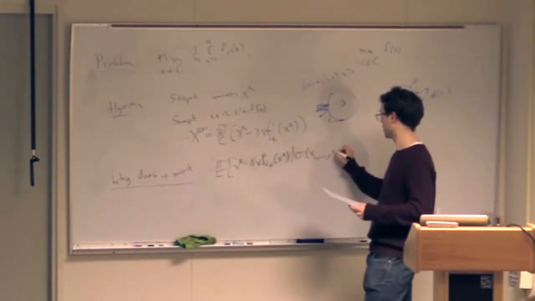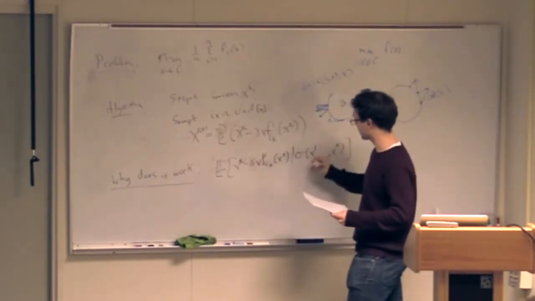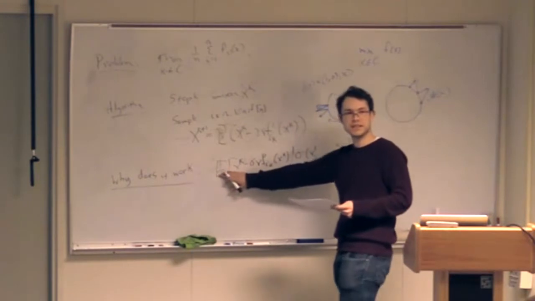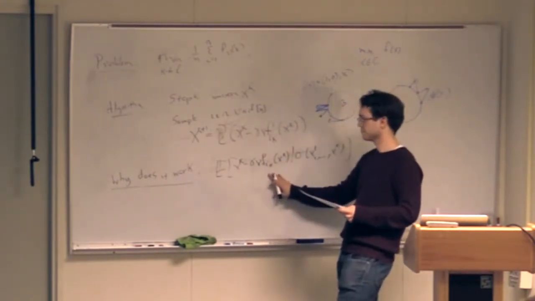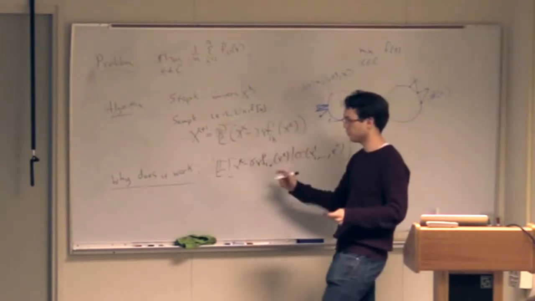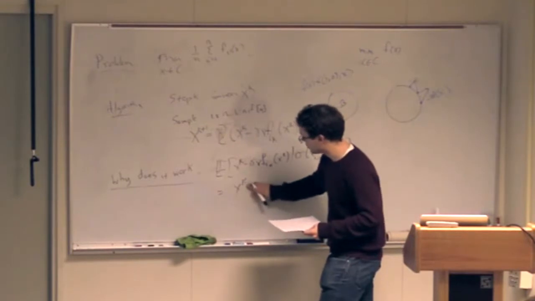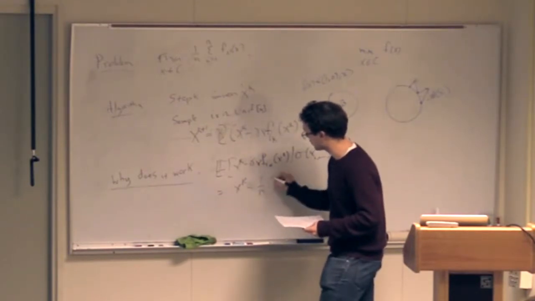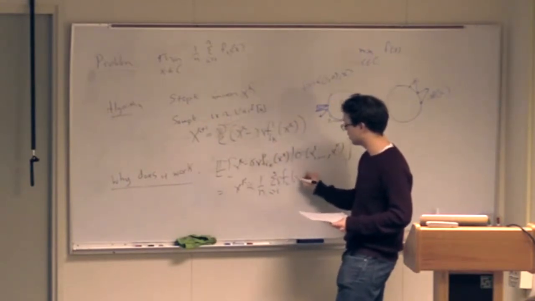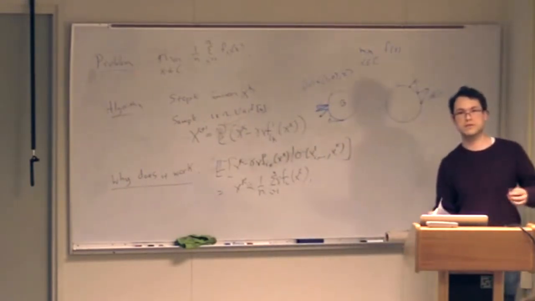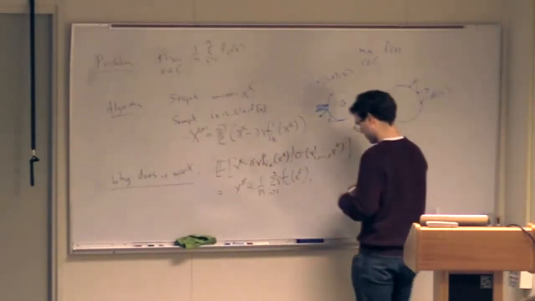Does anybody know? I'm given x1 up to xk, and I want to take the expectation of this gradient. It's just a forward gradient step. It's the average of all of the gradients, i equals 1 to n, of grad f_i of xk. So the key point here is that when you do the stochastic gradient method, you're basically going on average in the correct direction.